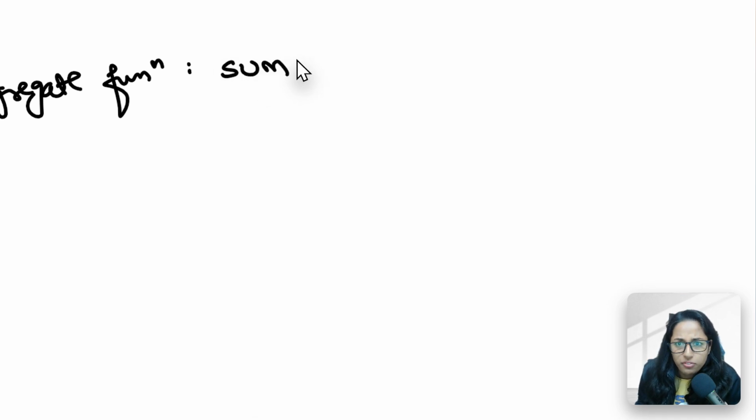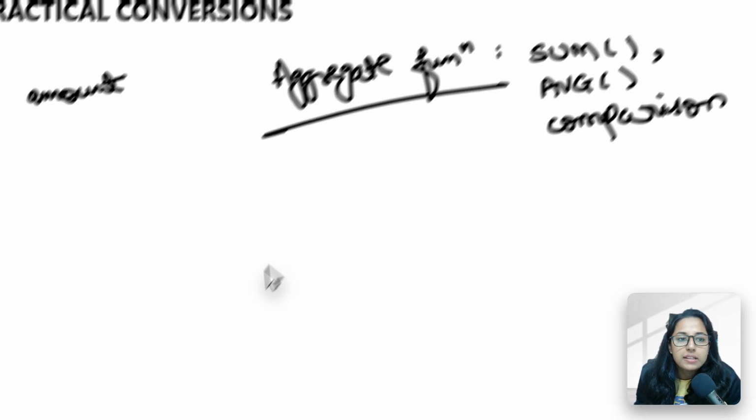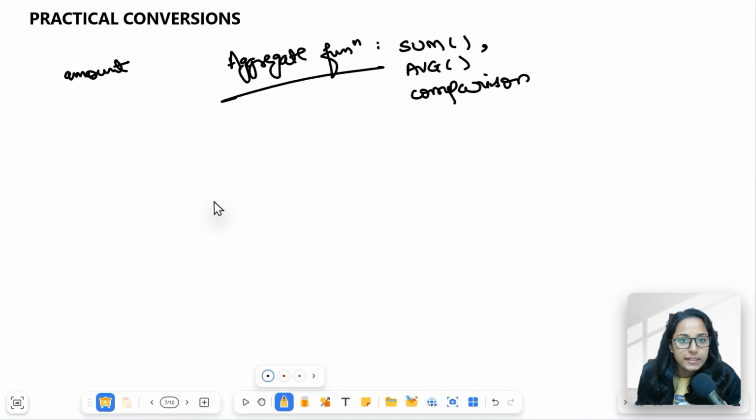Some common functions are sum and average, or even some comparison functions. These are called aggregate functions, and these can also be used under the aggregation function. Now let's try to see how my numbers to string in select and order by would look like.